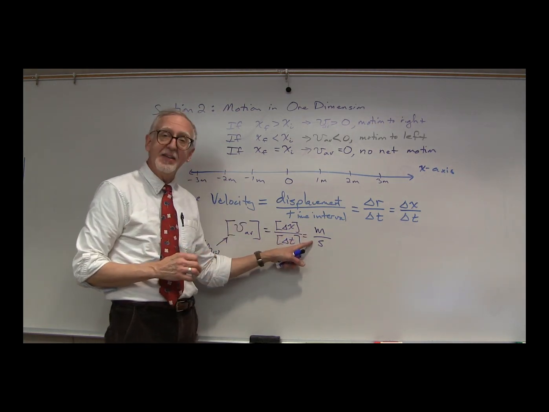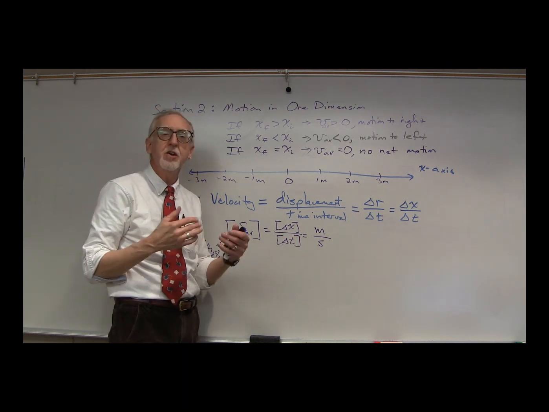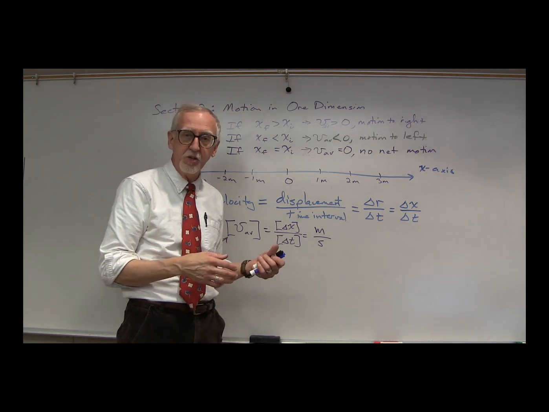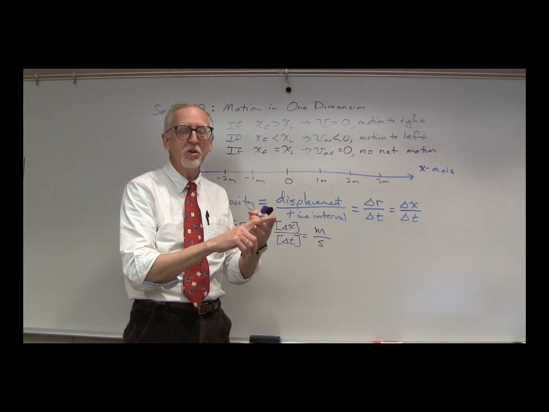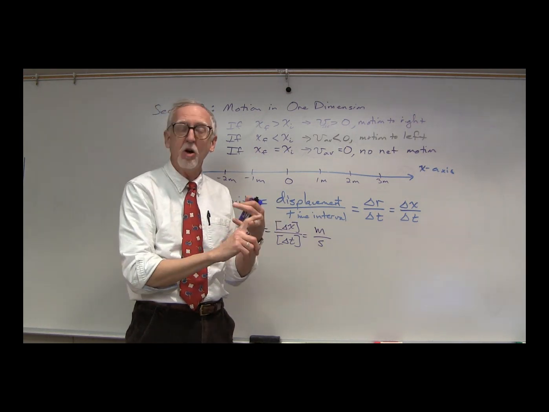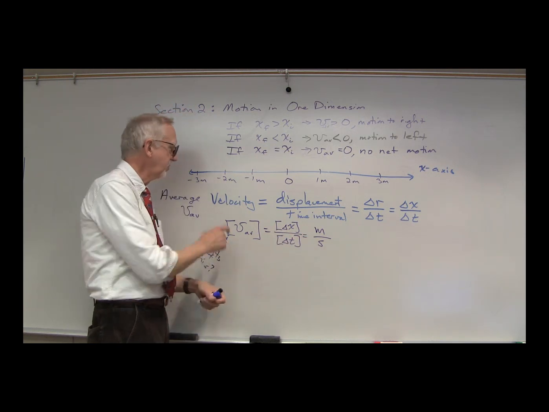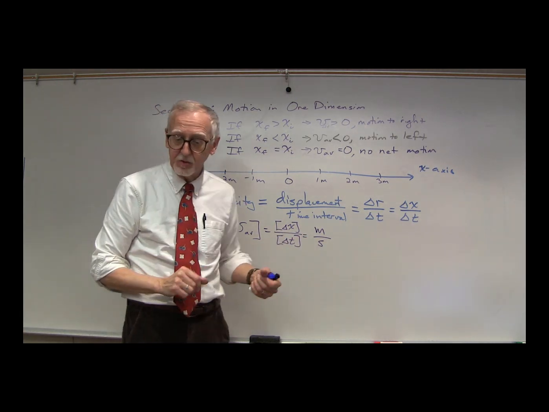The standard SI unit associated with any quantity that we run into will always be a combination of the fundamental units, meters, seconds, and later on we'll see also kilograms. So here we've got meters and seconds, and that will be the standard SI unit for our average velocity, and then also velocity, as we'll see.